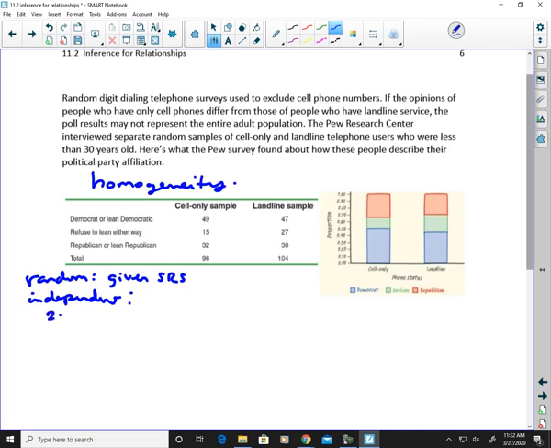I would say that 200 though is less than or equal to 10% of n. If there are more than 2,000 phone owners, I'd say that's probably reasonable. And then are large enough a condition?